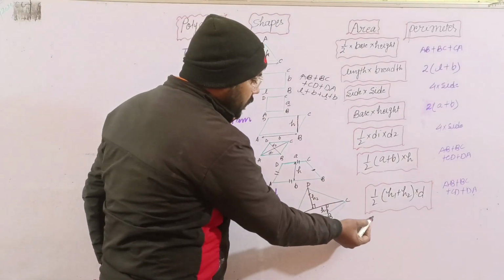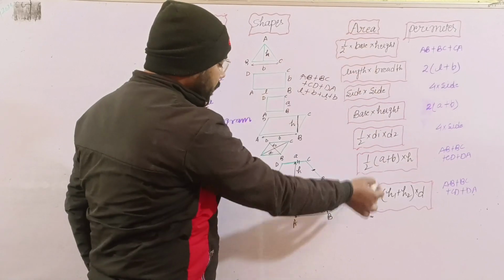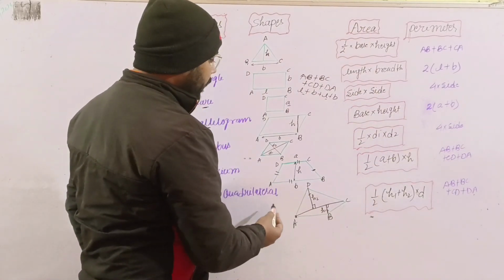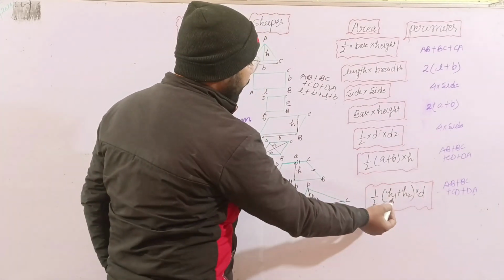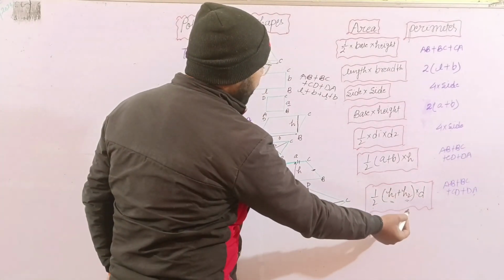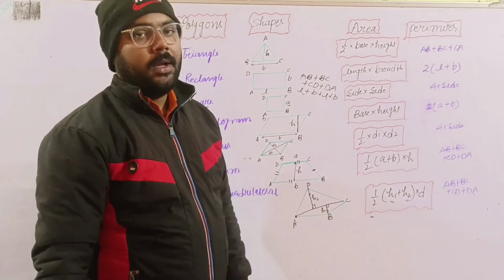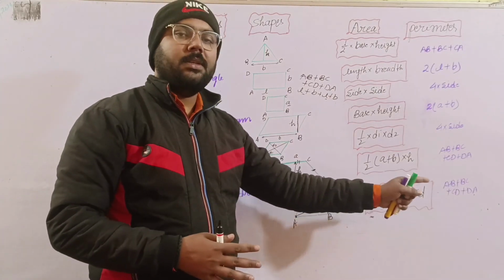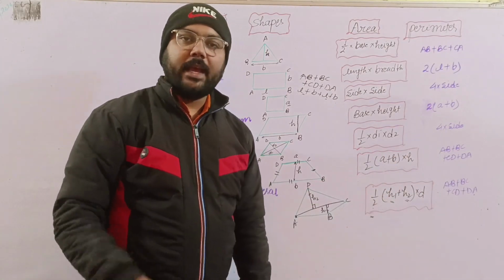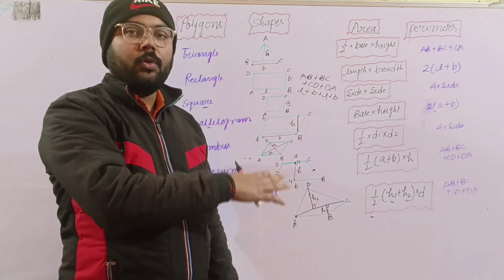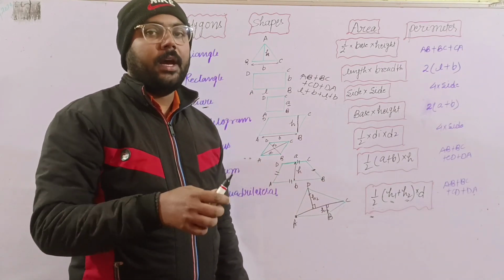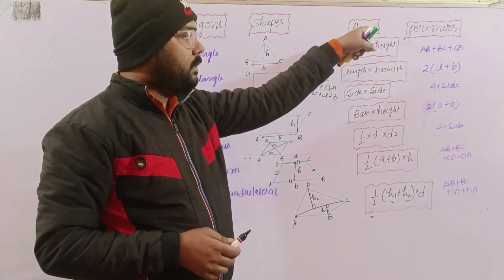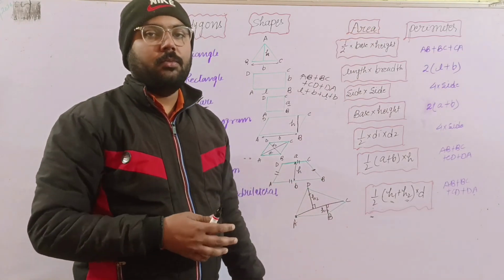Then we'll make one formula, that is the area of the quadrilateral: 1 by 2 h1 plus h2, inside the bracket height first plus height second, multiplied by the diagonal, and as usual perimeter is the sum of all sides. So this is the explanation of all formulas of polygons. Now in the next slide I'm going to tell you how we have to prove these formulas, meaning from where these formulas came.